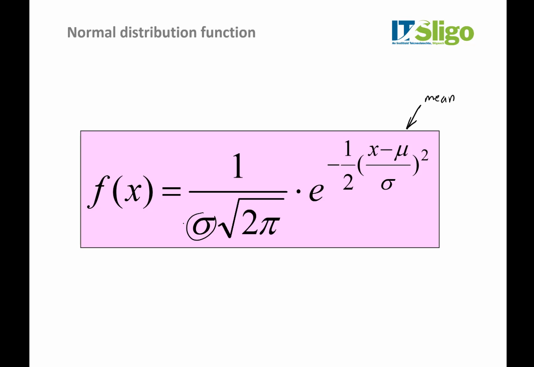The mean is the average value. And then the standard deviation is often called the spread. How much does any value deviate from the mean? It's the average deviation. Standard deviation is the average deviation from the mean.